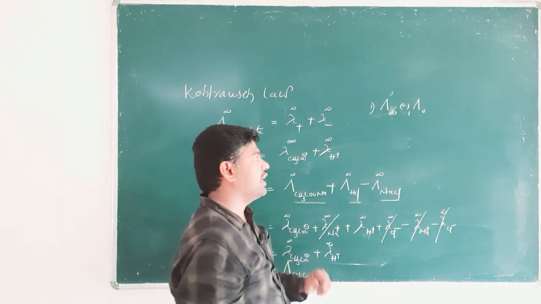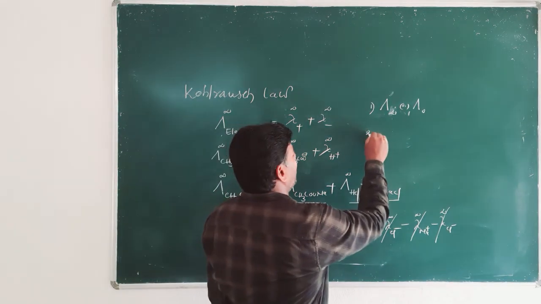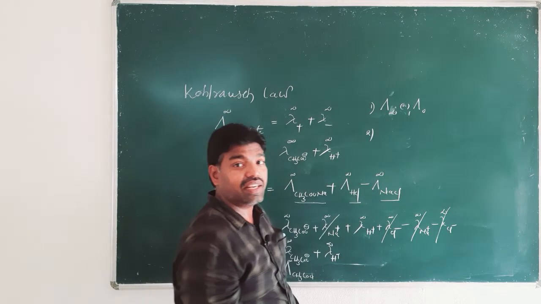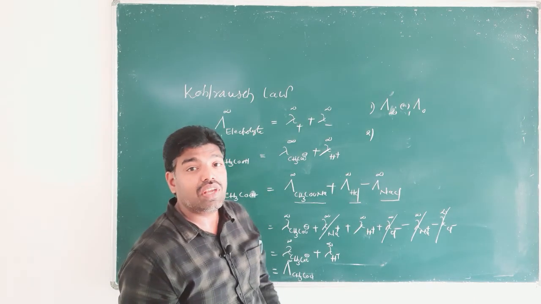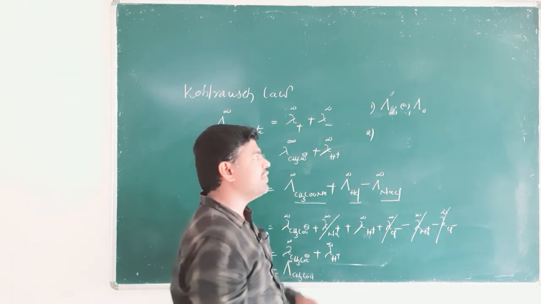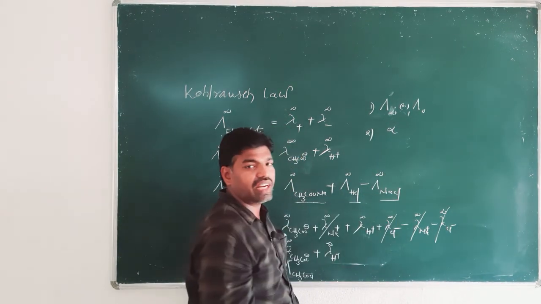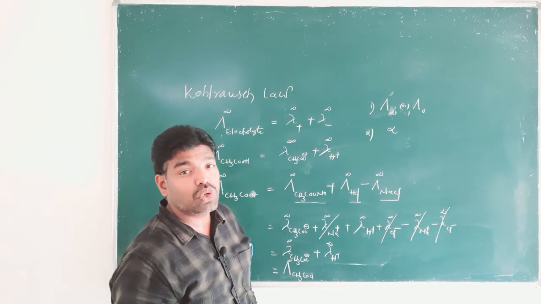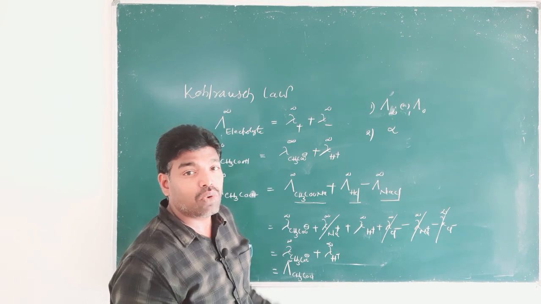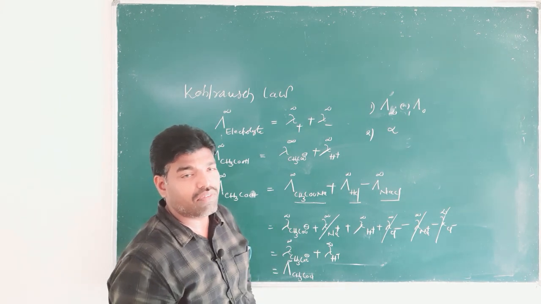And the second application is that we can determine the degree of dissociation, alpha, from the Kohlrausch law of independent migration of ions.